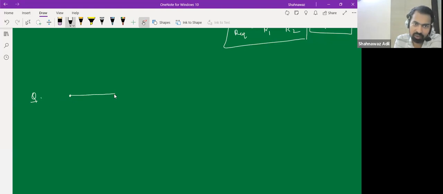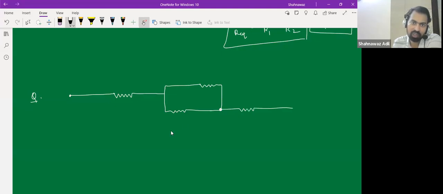Let's say I have this circuit, and I want to calculate the resistance between A and B. Let's say this is 3 ohm, this is 1 ohm, this is 2 ohm, and this is 5.